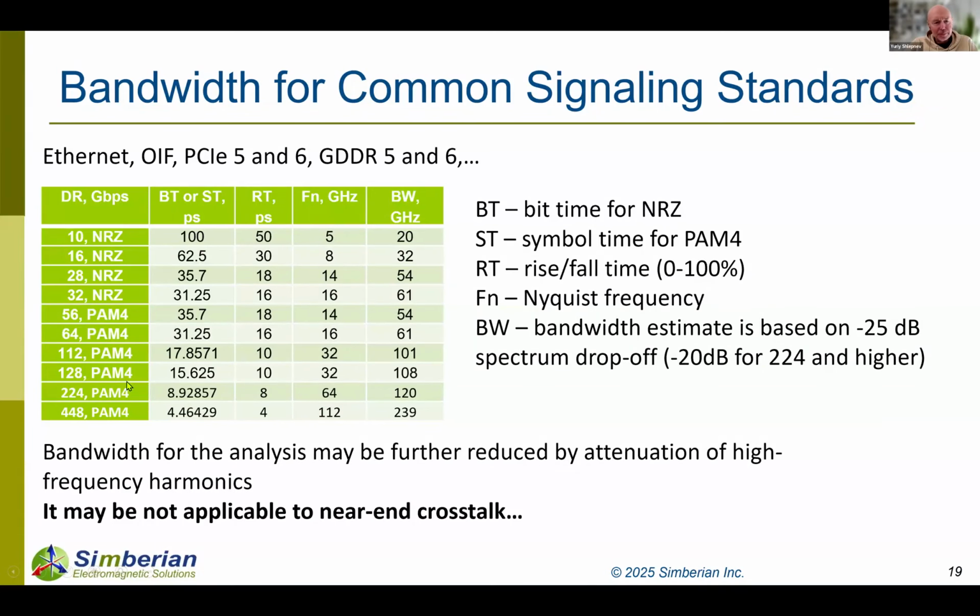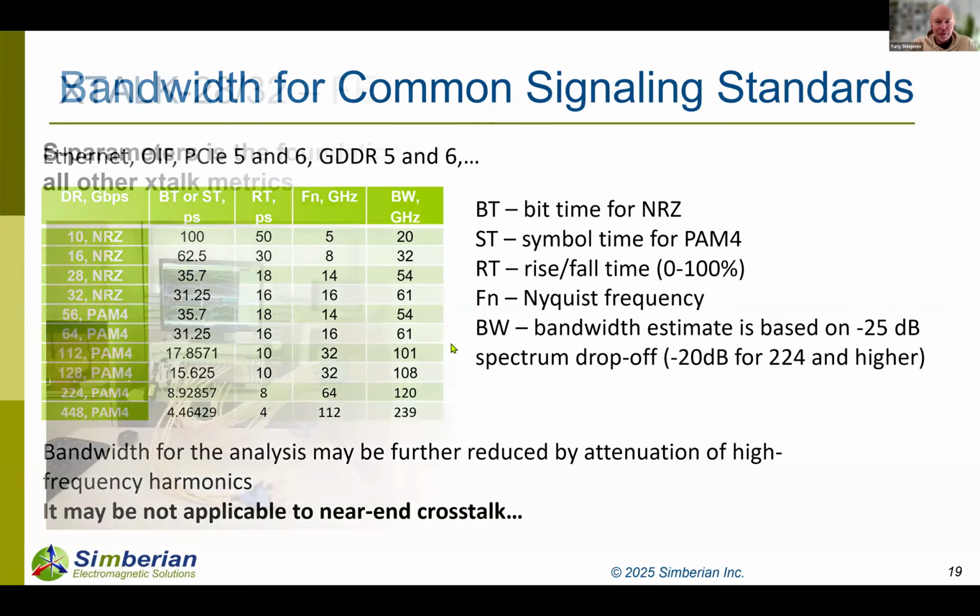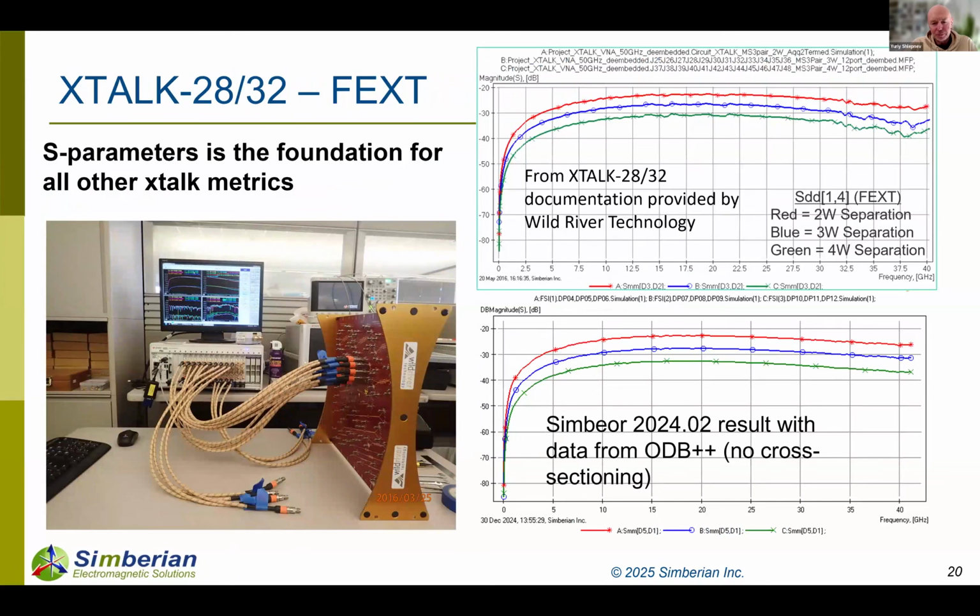But down to earth, to more common cases, you can see pretty much everything above 10 gigahertz NRZ is in the microwave and then in the millimeter wave frequency domain. So that's the scary part, and that's why you have to have serious equipment and serious solvers to handle this.